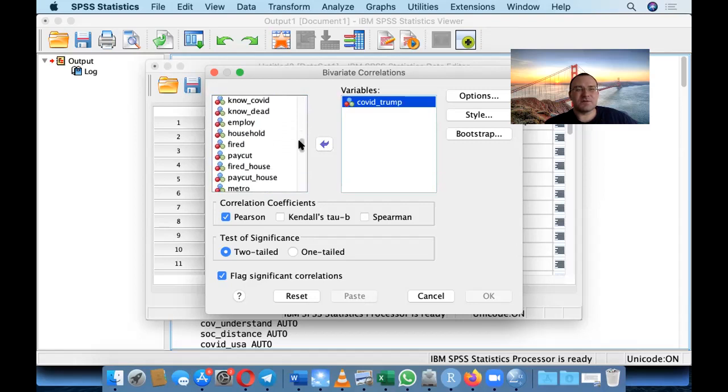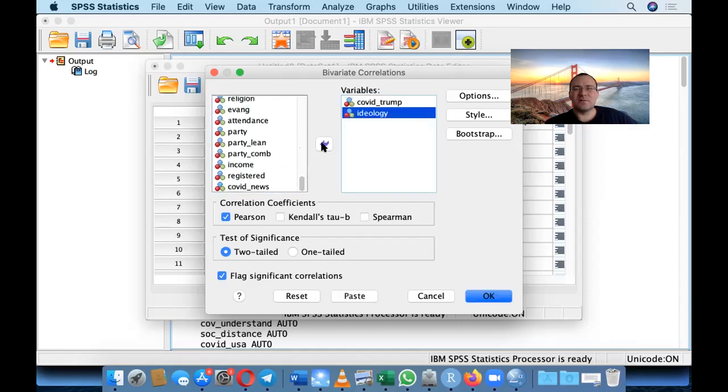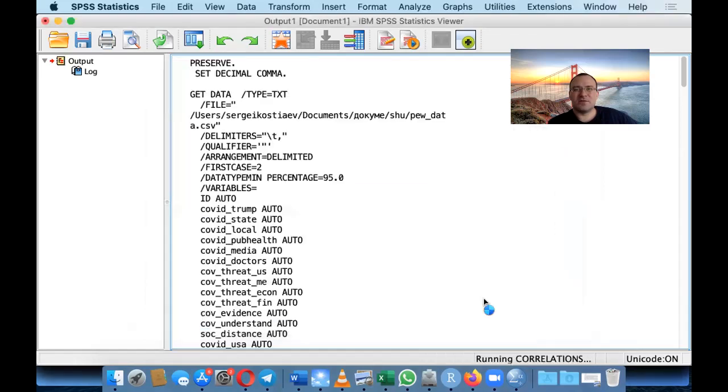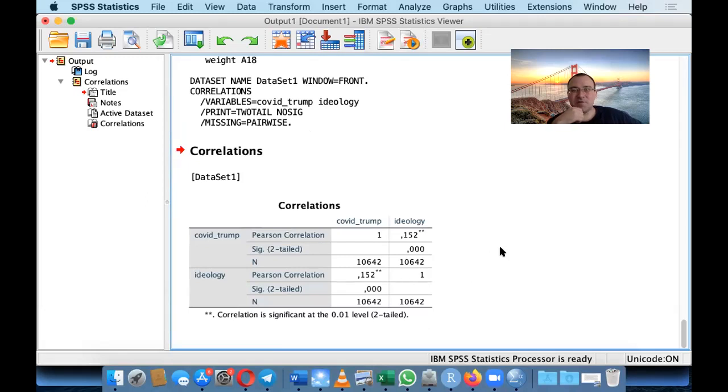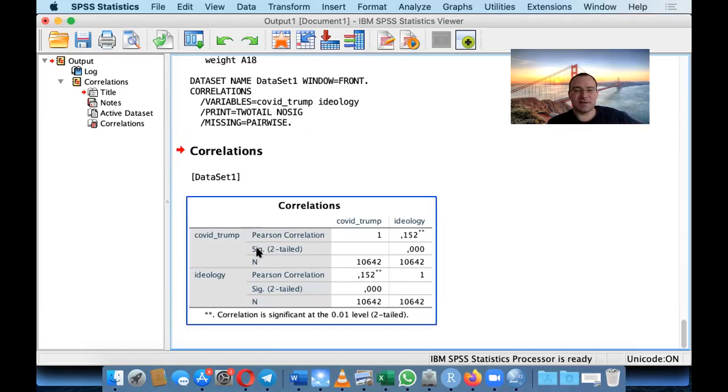Let me find it. Here it is. You will see this significance indicates that there is a correlation, because when it's significant, it should be smaller than 0.05.